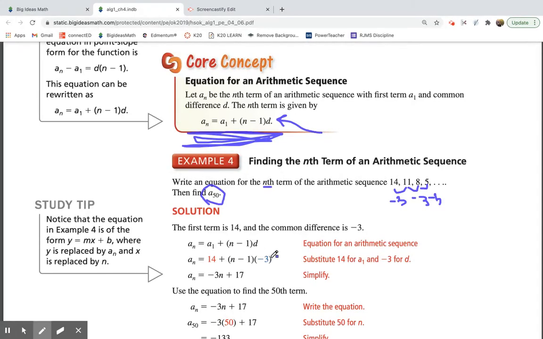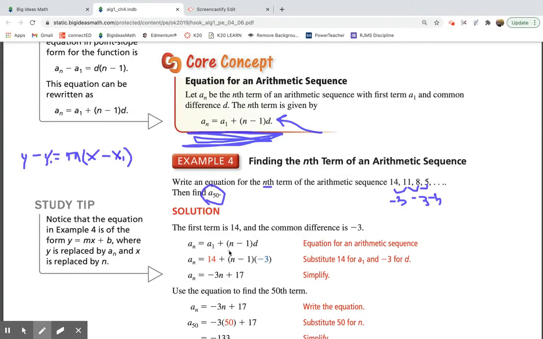Just like our y minus y1 equals m times x minus x1. That's actually what this stems from. It's kind of the same thing, it's just we don't have y and x. Instead, we have A sub 1, n, and d. But it's actually set up the same way.